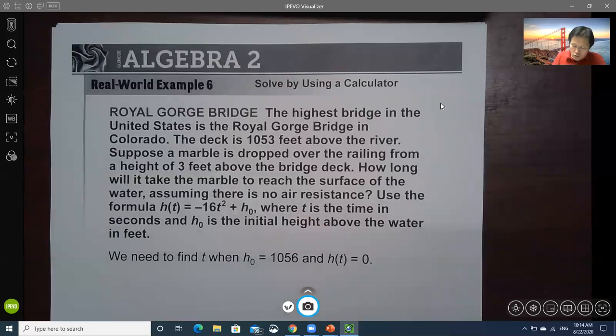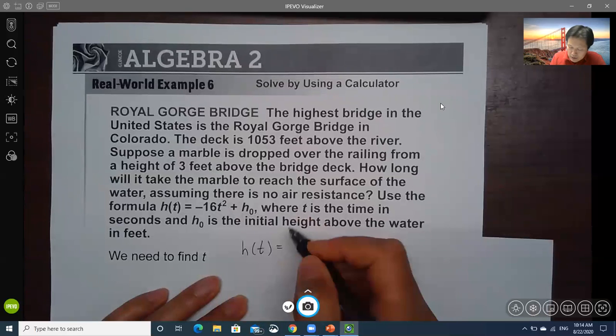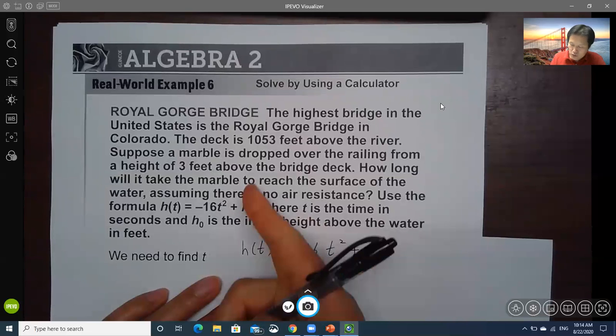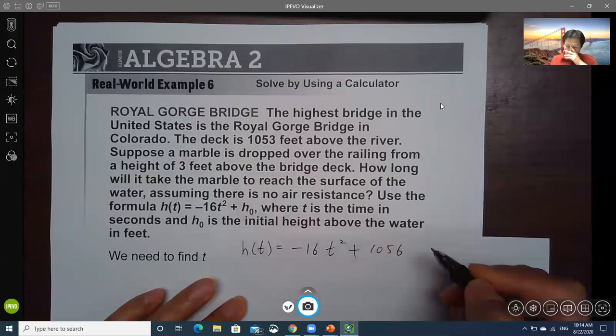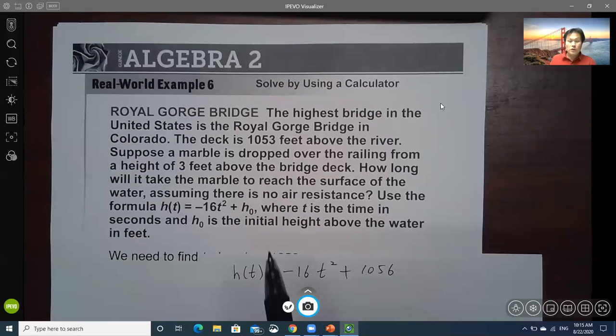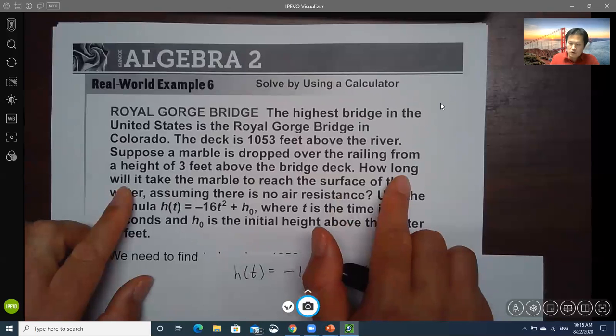So h of t is equal to minus 16t squared plus h of 0, which is this plus this, which is 1056. What do they want? How long will it take the marble to reach the surface? They are looking for time. They are looking for t.